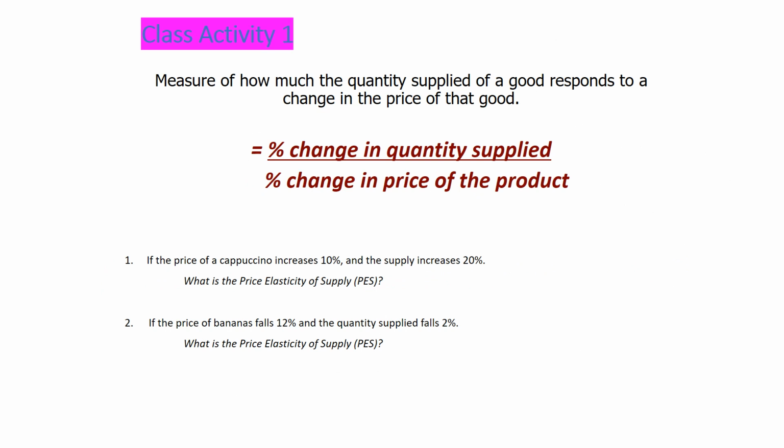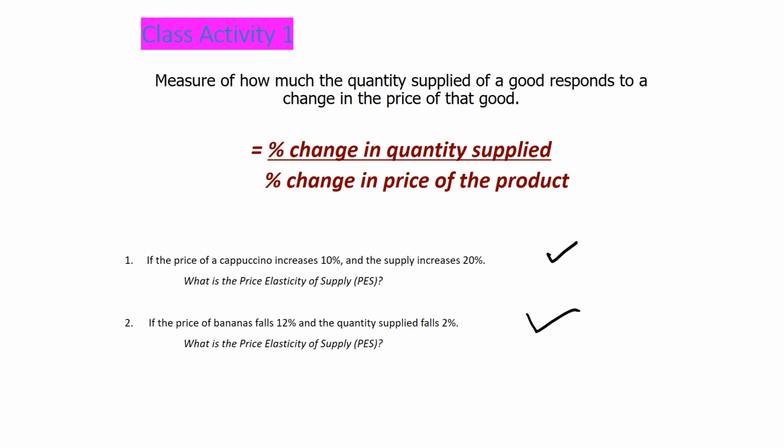Okay, so our class activity for the week is to calculate the price elasticity of supply in question 1 and question 2. Question 1 says, if the price of a cappuccino increases 10% and supply decreases 20%, what is the price elasticity of supply?